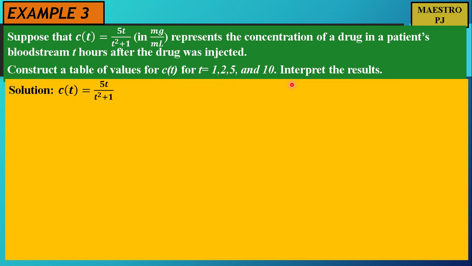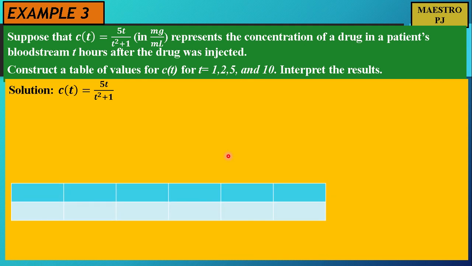So, solution, C of t is equal to 5t over t squared plus 1. So, construct po tayo ng table of values for C of t and t, wherein ang values ng t ay 0 muna, after 1 hour, after 2 hours, after 5 hours, after 10 hours.